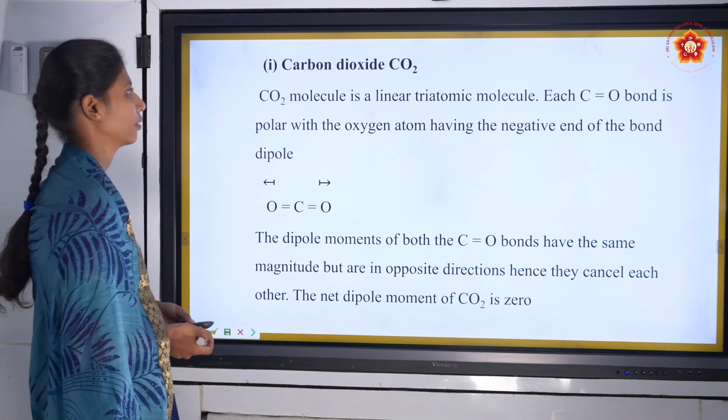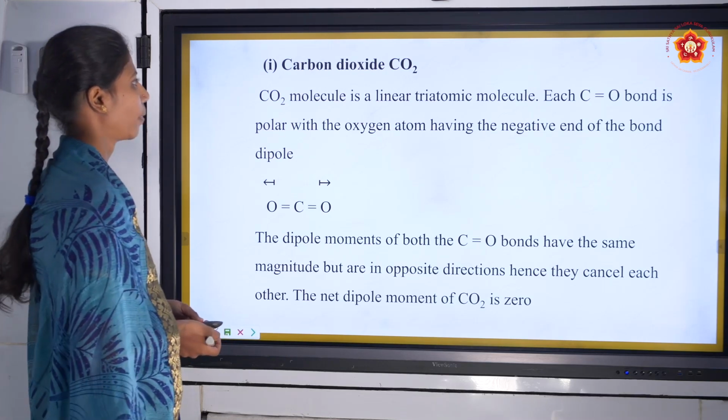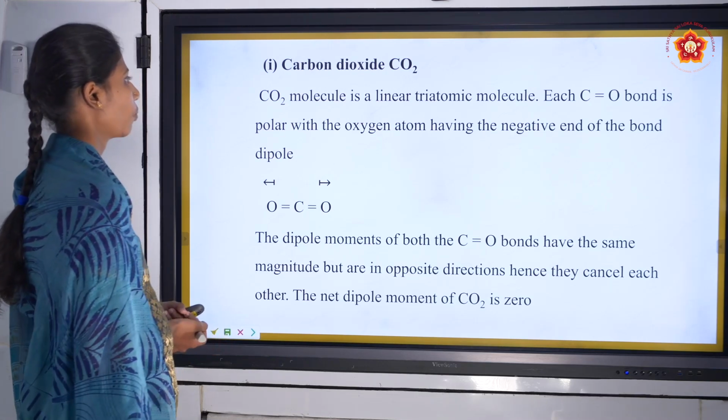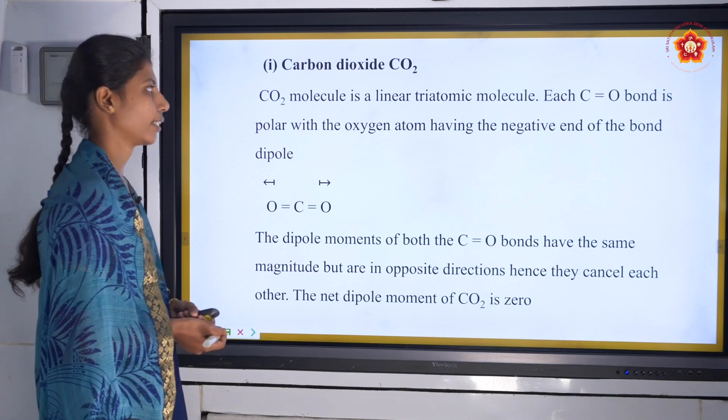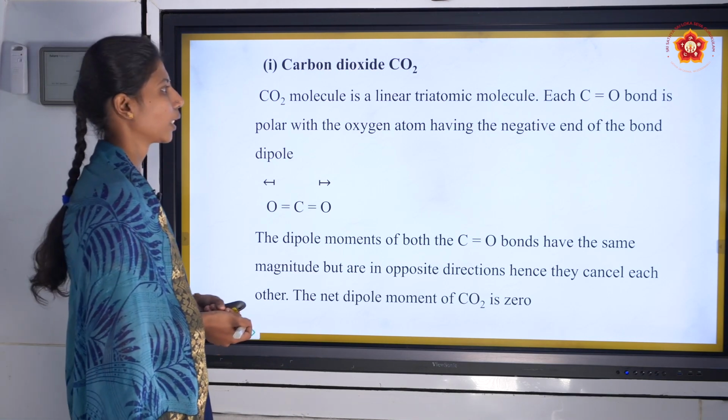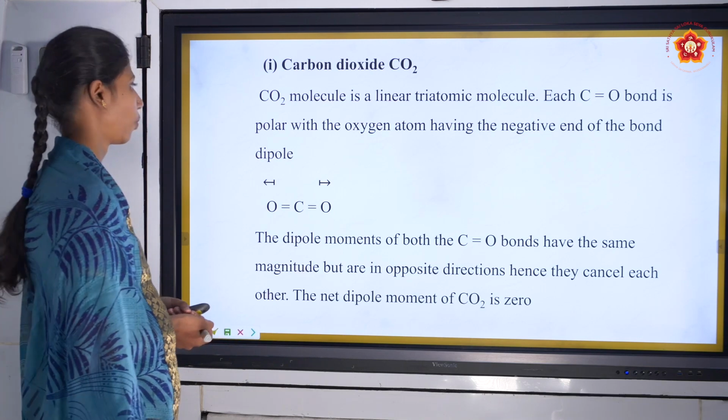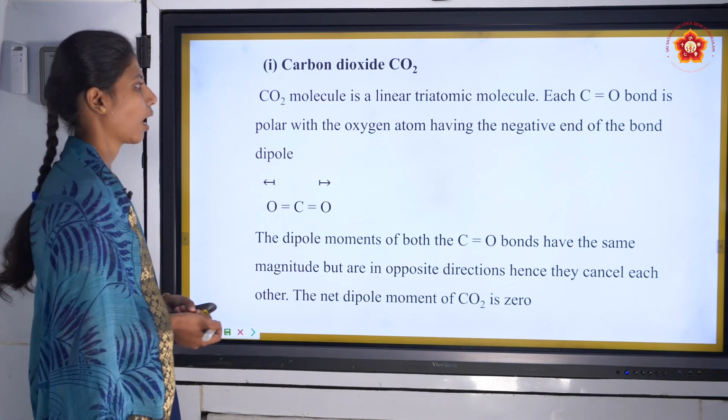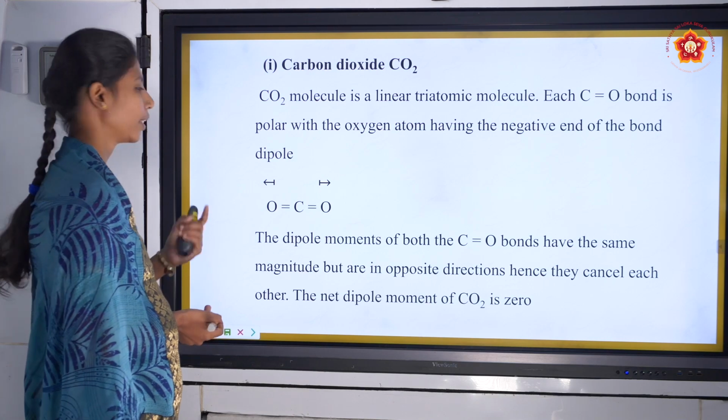Next example for dipole moment. First one is carbon dioxide, CO2. The CO2 molecule is a linear triatomic molecule. Each C double bond O bond is polar, with the oxygen atom being the negative end of the bond dipole.